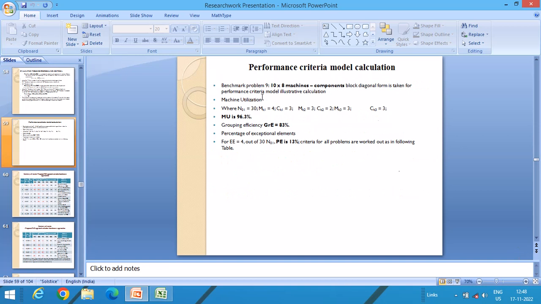For the 10 by 8 machines components model problem, we have got machine utilization 96.3, grouping efficiency 83, and the percentage of exceptional elements 13. Actually we are trying to reduce the percentage of exceptional elements, and we want to increase machine utilization as well as grouping efficiency.